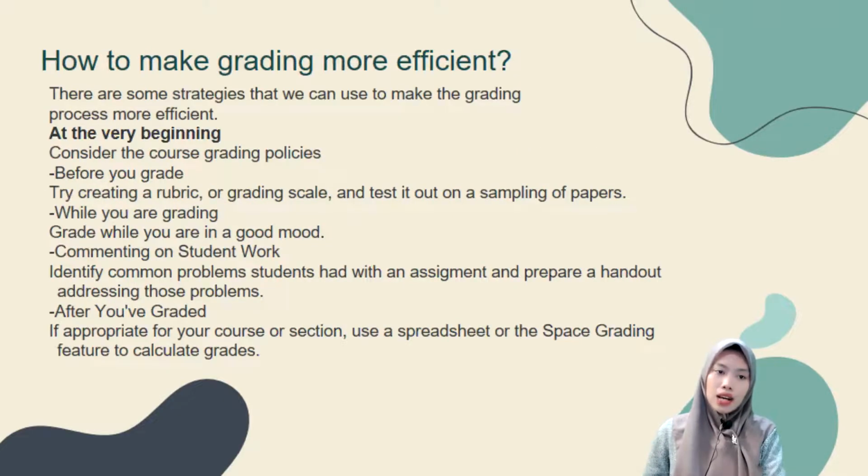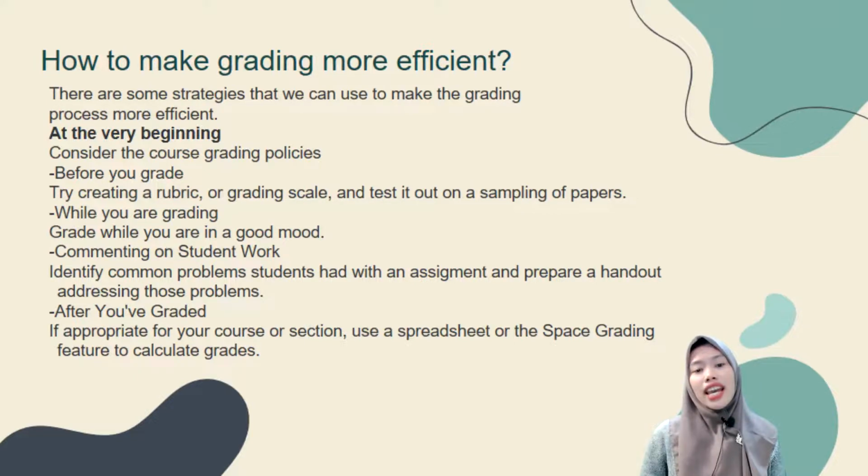And this is the last: how to make grading more efficient? There are some strategies that we can use to make the grading process more efficient. At the very beginning, consider the course grading policies before you grade, and then try creating a rubric or grading scale, and then test it out on a sampling of papers. While you are grading, grade while you are in a good mood.